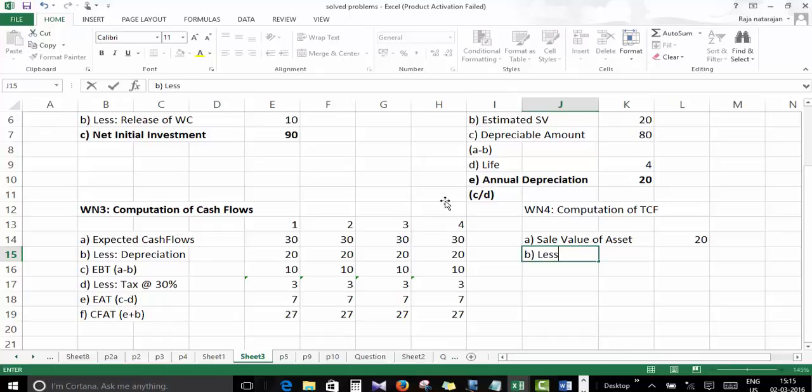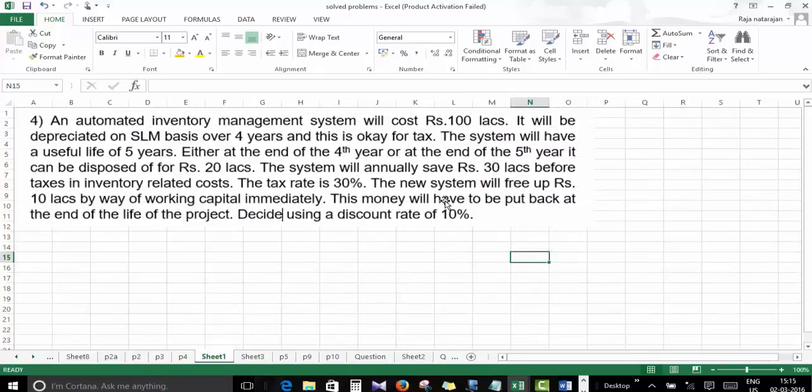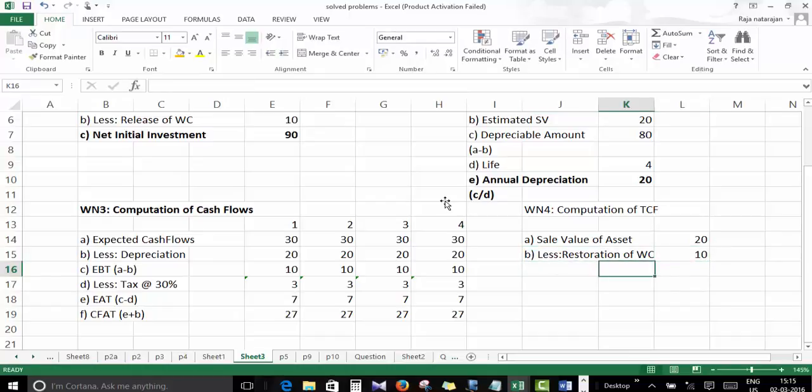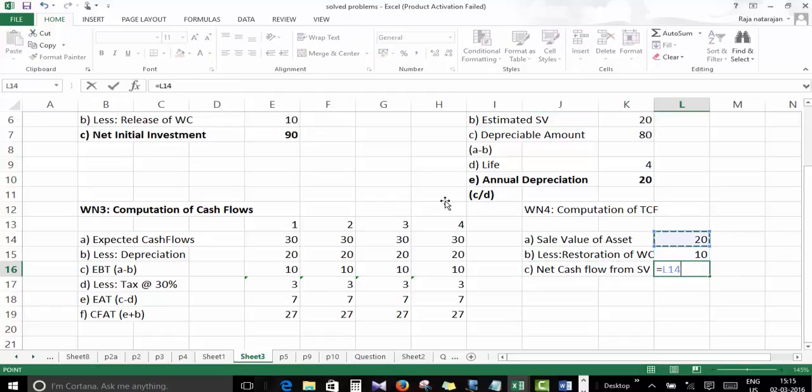The question says the working capital got to be put back. So less restoration of working capital. And what's the figure? It's 10 lakhs. So what is the net salvage value or net cash flow from salvage value? That's going to be 20 minus 10, that's going to be 10 lakhs.